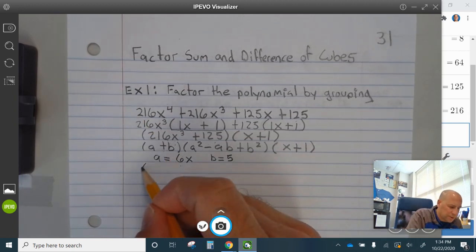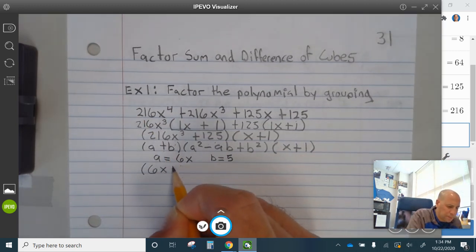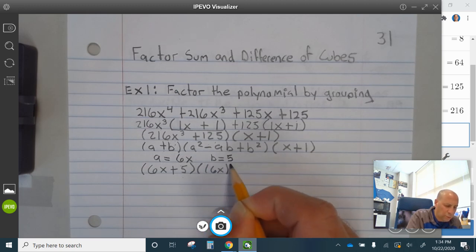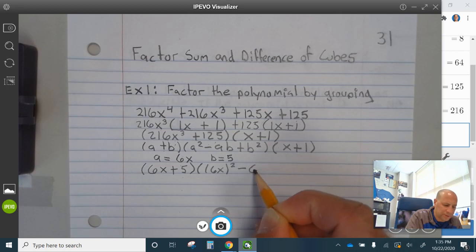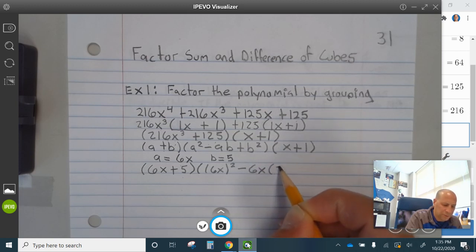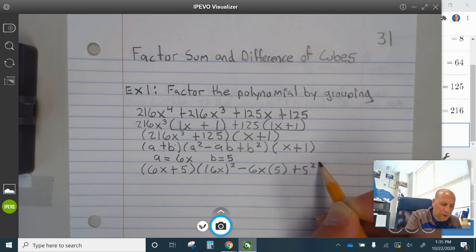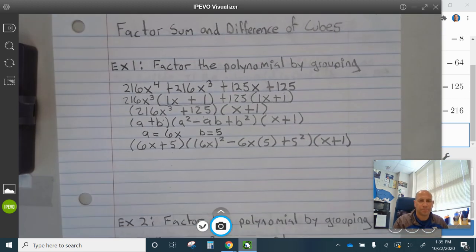So that's 6x plus 5, parentheses 6x squared minus 6x times 5 plus 5 squared, times, we can't forget about the x plus 1. Okay.